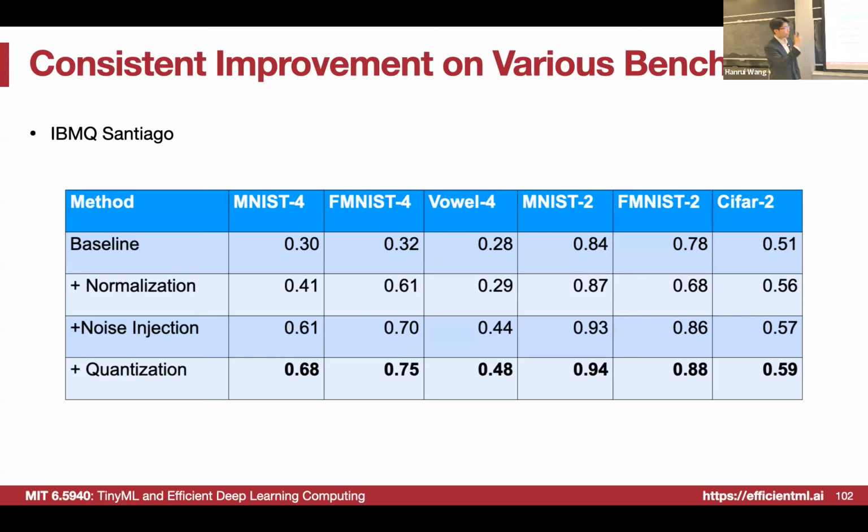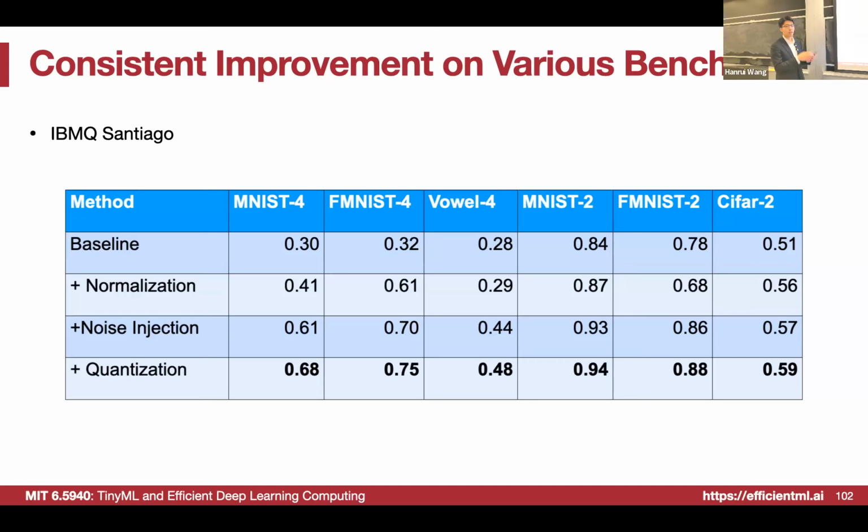We can see the baseline result on the IBM San Diego. San Diego was almost the best device at that time, so it has the lowest error rate. The baseline is around 30%, and for two classification, 94% accuracy.